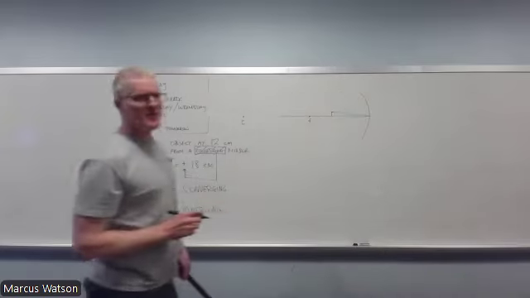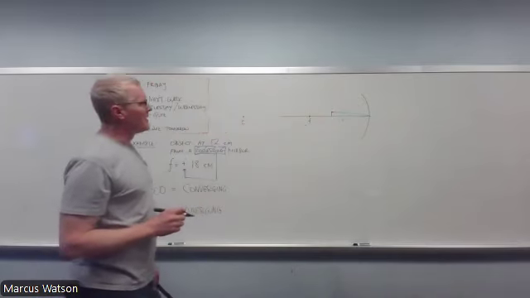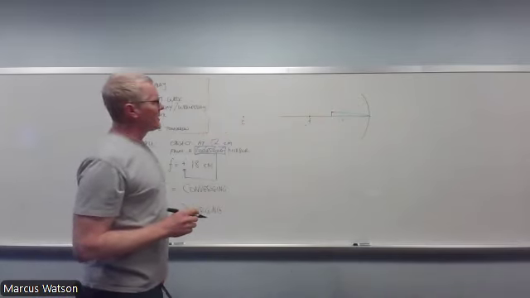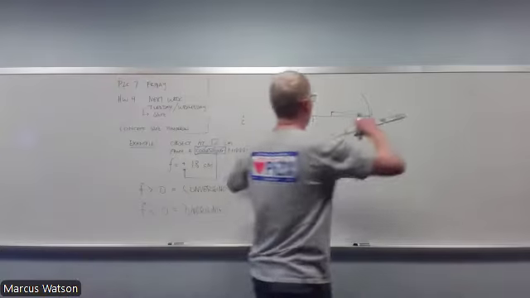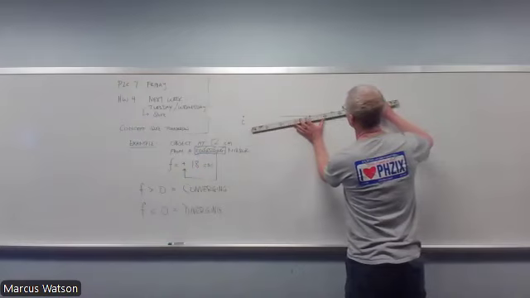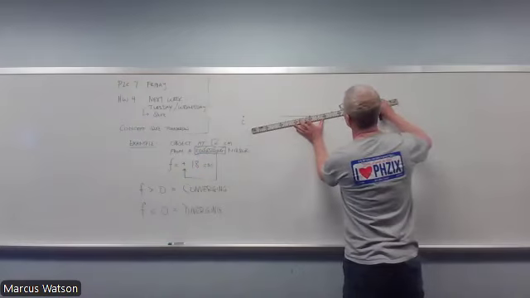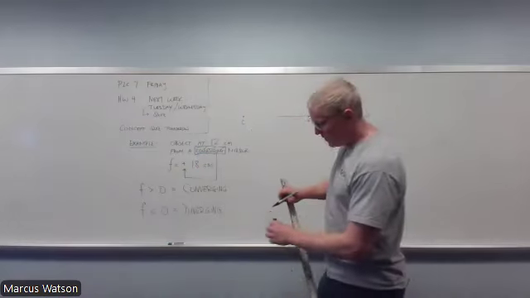So the vertex ray looks something like this. I'm going to go ahead and go from the focal point and come out parallel. I'm going to use this one. Now, hold on a sec.